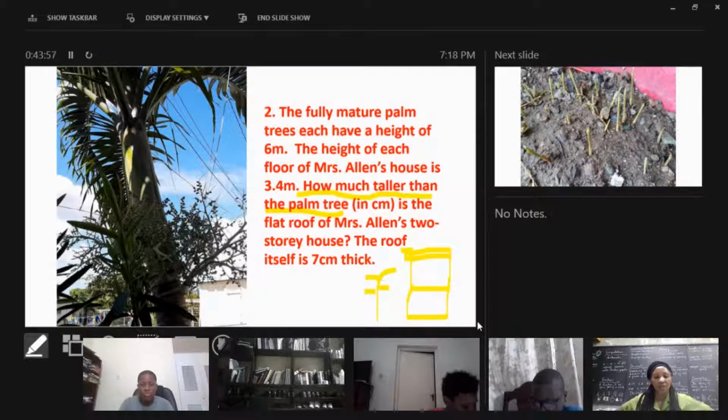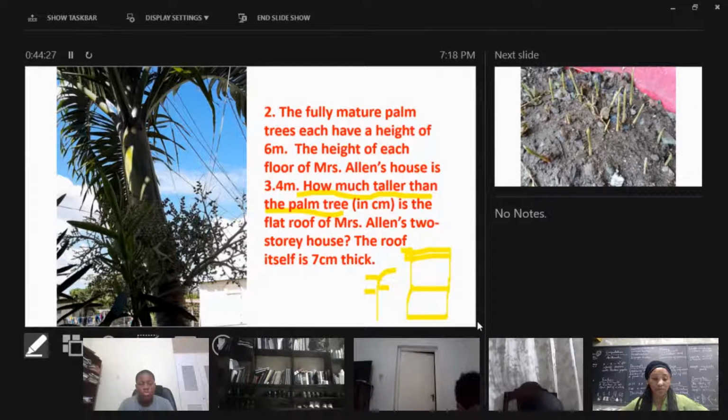So remember, Mrs. Allen's house has 2 stories, or 2 floors. First floor, second floor, first story, second story. And it says the height of each floor or each story is 3.4 meters, right?